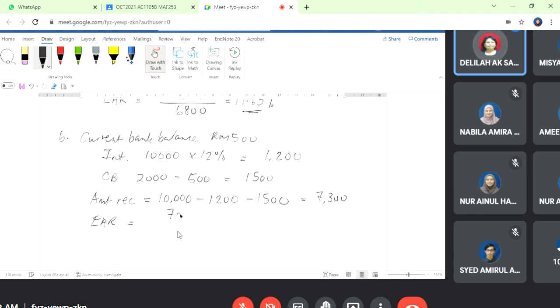So my effective cost of borrowing will be the interest. Interest is 1,200. Divide by amount received. Dia jadi berapa sekarang? 16.44. Okay, 16.44%.